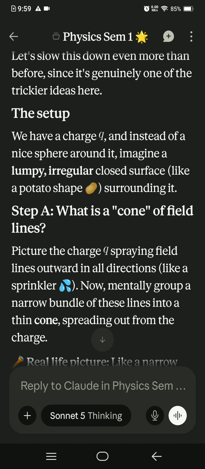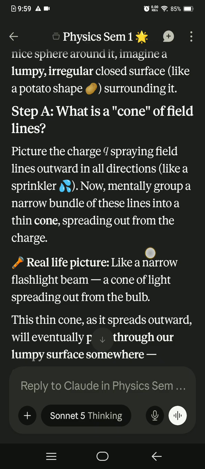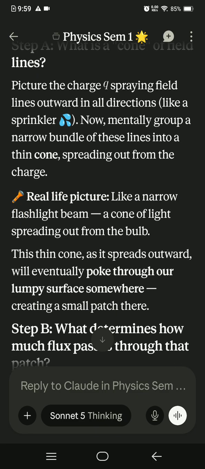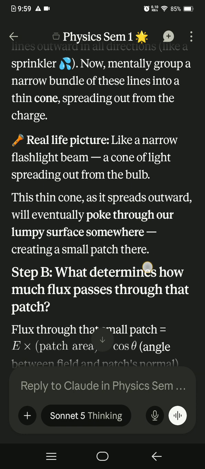Now mentally group a narrow bundle of these lines into a thin cone spreading out from the charge. Real life picture: like a narrow flashlight beam, a cone of light spreading out from the bulb. This thin cone, as it spreads outwards, will eventually poke through the lumpy surface somewhere, creating a small patch there.